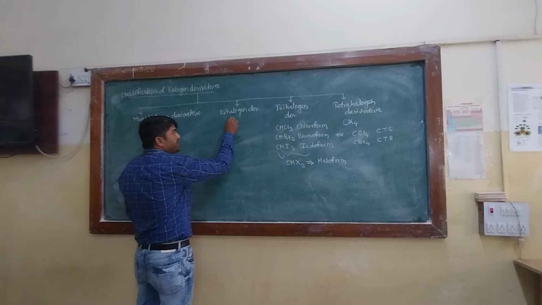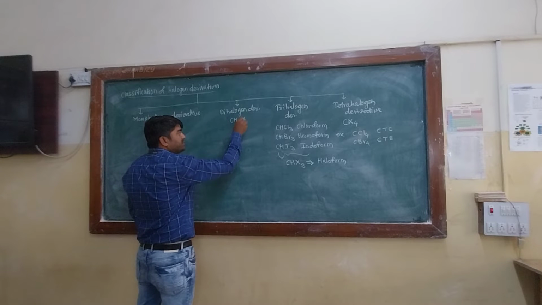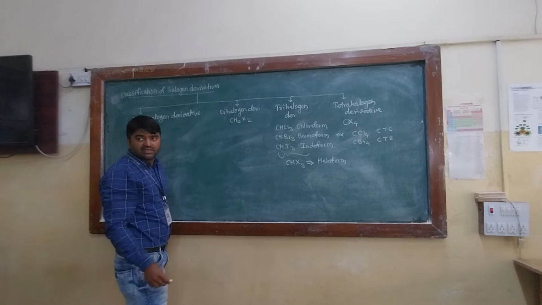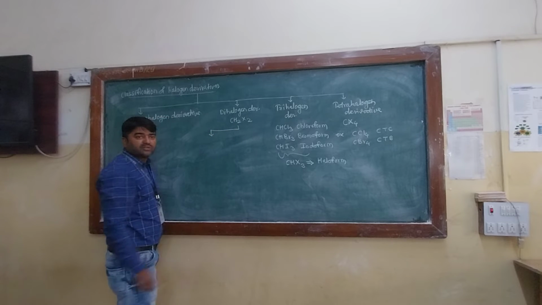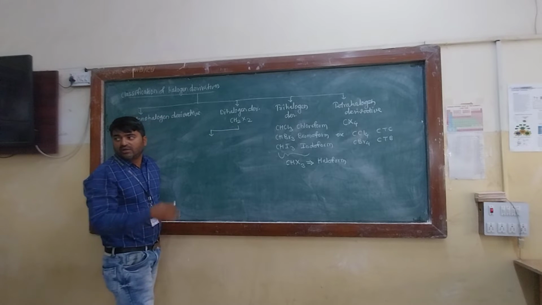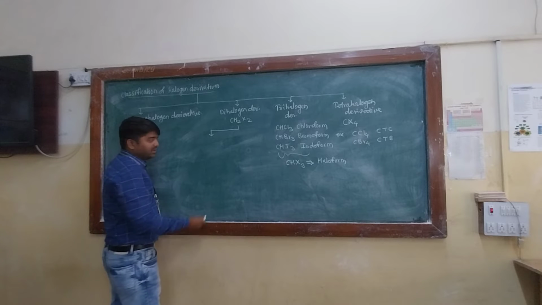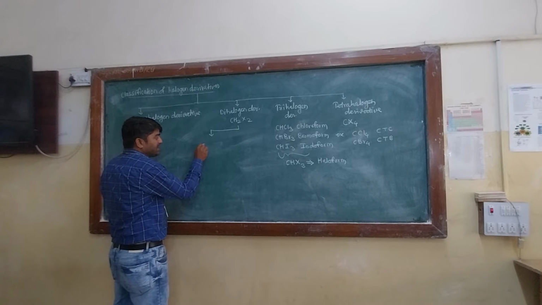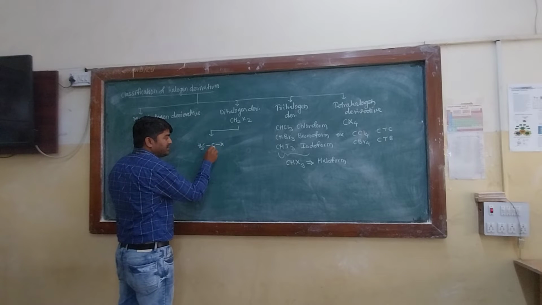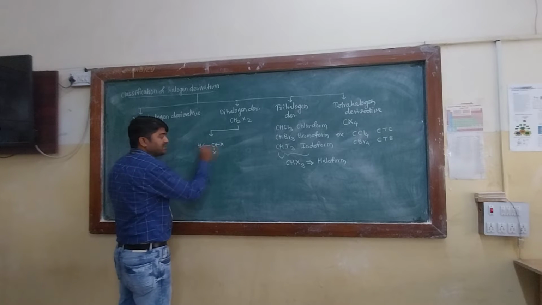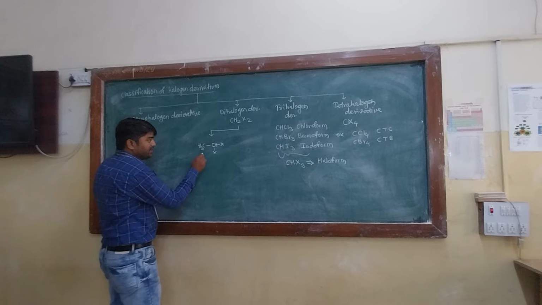Then dihalogen derivatives are represented as CH2X2. Here you can put both halogen atoms on the same carbon atom or on adjacent carbon atoms. If both halogen atoms are attached to the same carbon atom, it is called a geminal dihalide.